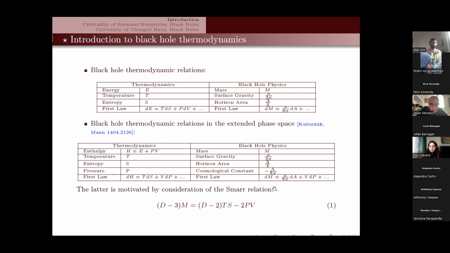This is basically the essence of black hole chemistry, named partly after the plethora of complex behavior found in this system, like van der Waals fluid, triple point, and etc. Some examples that I will show soon.